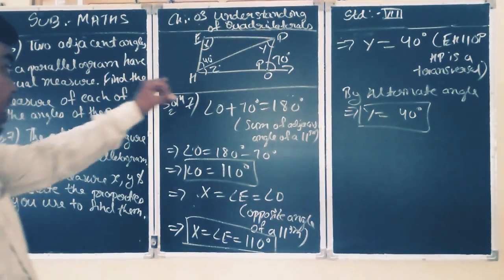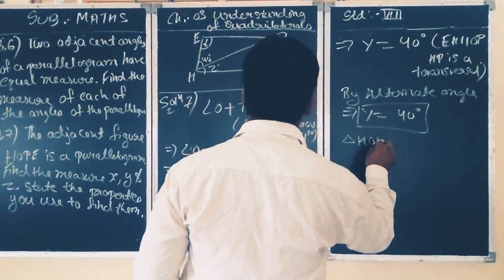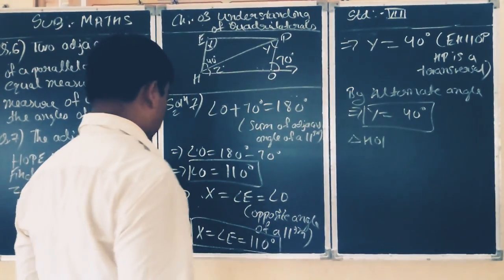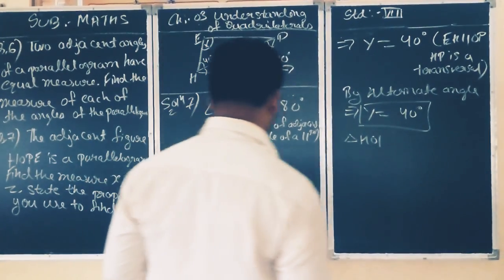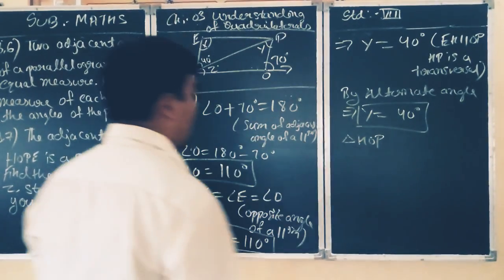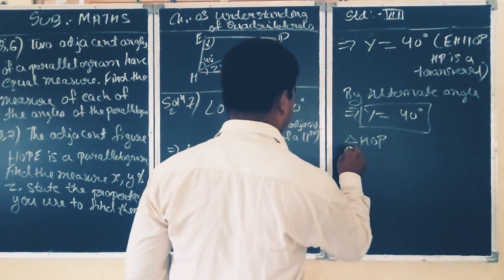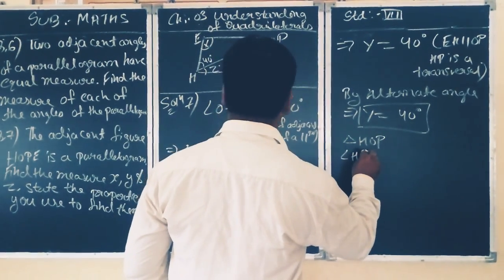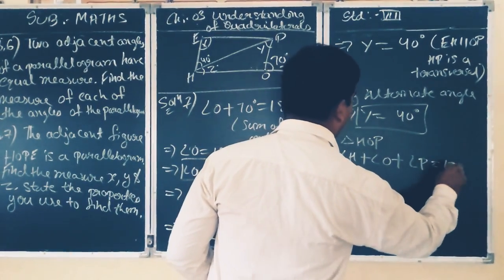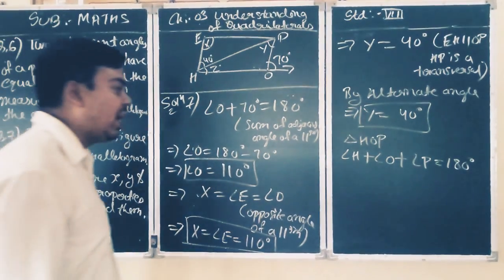Now find the value of z. Consider triangle HOP. Angle H plus angle O plus angle P is equal to 180 degrees, because the sum of the angles of a triangle is 180 degrees.